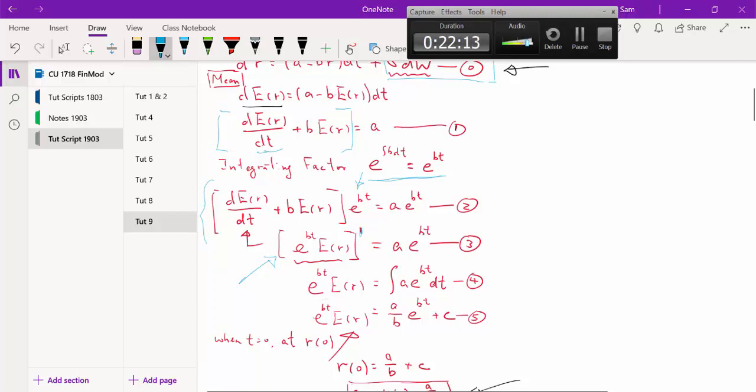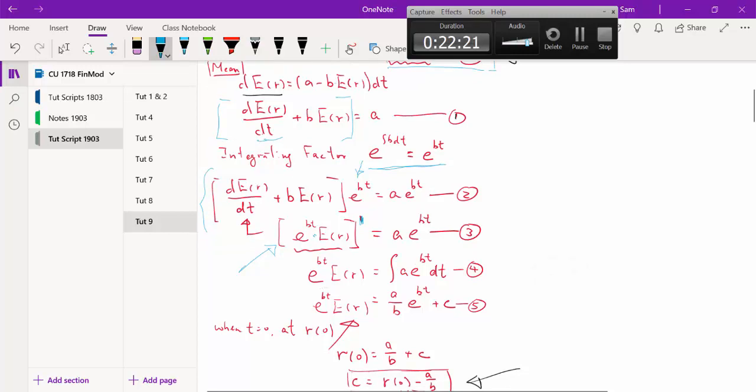Okay, so e to the bt times r, if you differentiate that, you get this one, which actually is, I haven't changed the right hand side. So it's equal to a e to the bt.